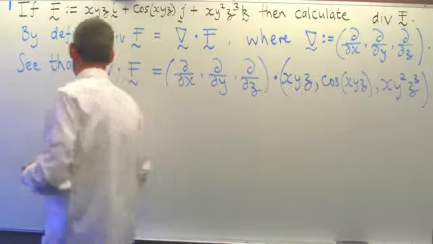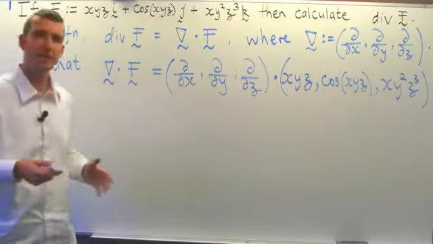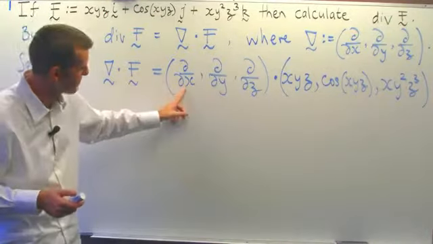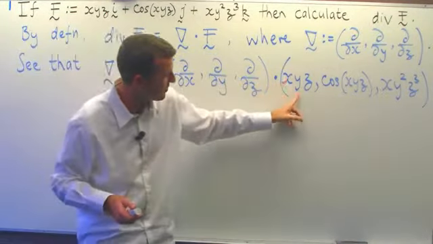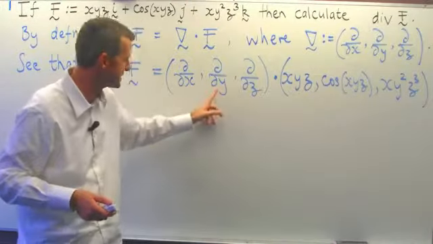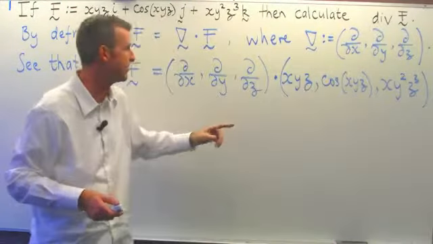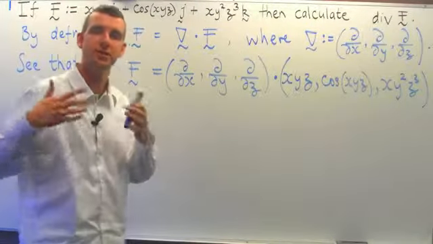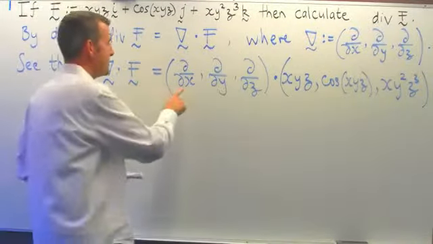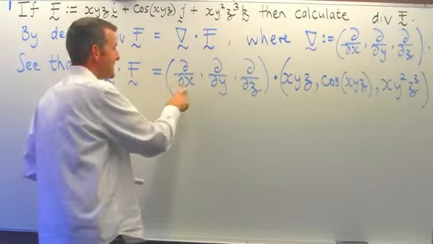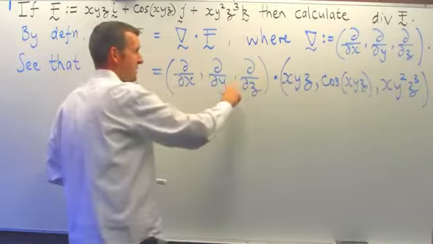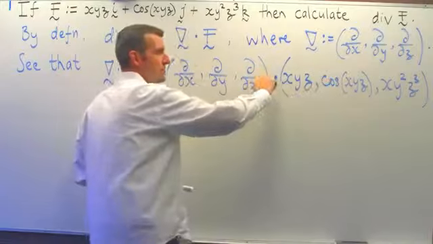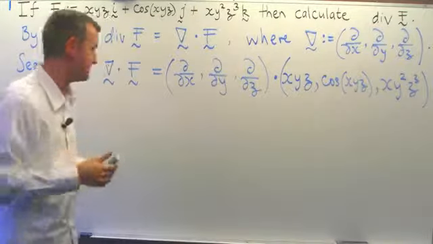Okay. So now remember, with the dot product, the first component will multiply by the first component over here. The second component multiplies by the second component. The third component multiplies by the third component, and you add up all the bits. But remember, we're not really multiplying here. These are operating on the corresponding components. Okay?